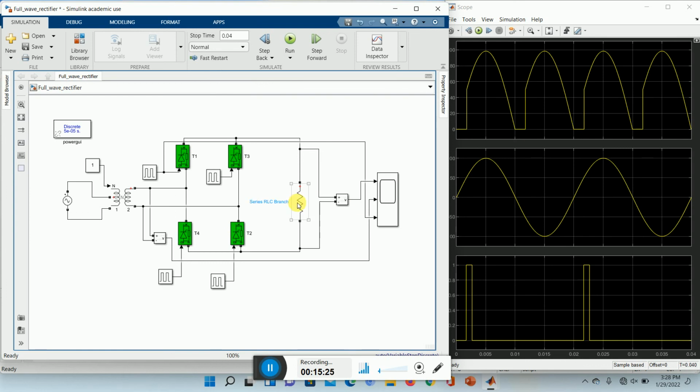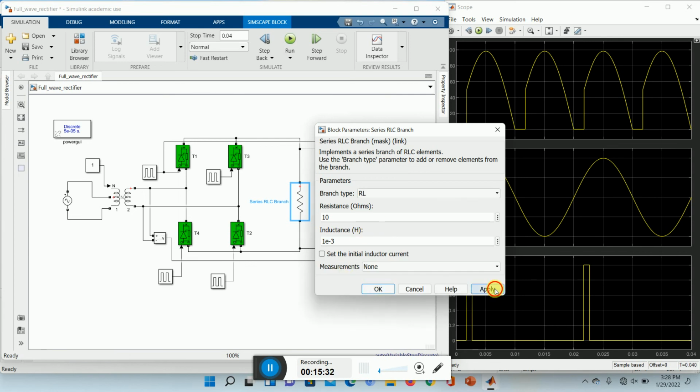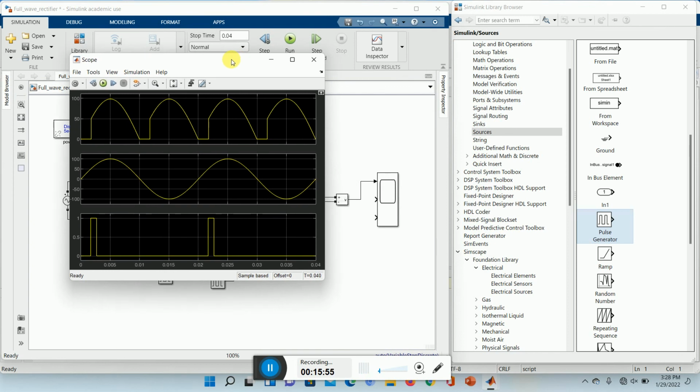So let the load be an RL load, 10 ohms, 1 millihenry. And now let us add a current measurement. We are not interested in seeing the gate pulse. We are just interested in the output voltage, then the output current. Current is over here.